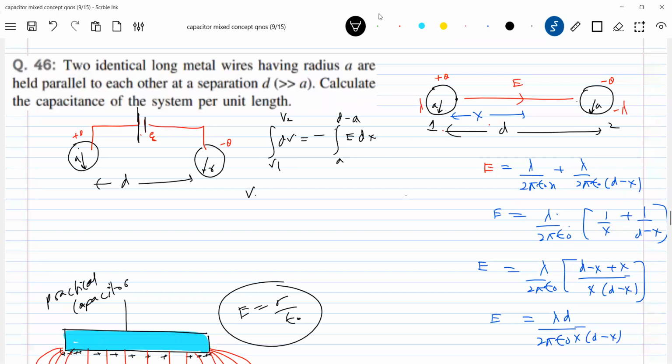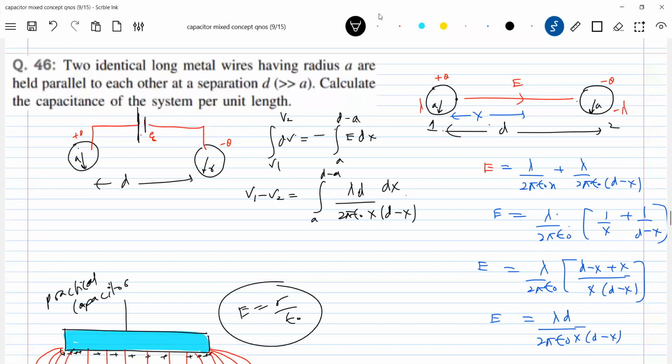Now this will become V1 minus V2 equals the integral of lambda d by 2 pi epsilon naught x (d minus x). Now integrate and substitute the limits, and you will get the potential difference. But here we have lambda, no?